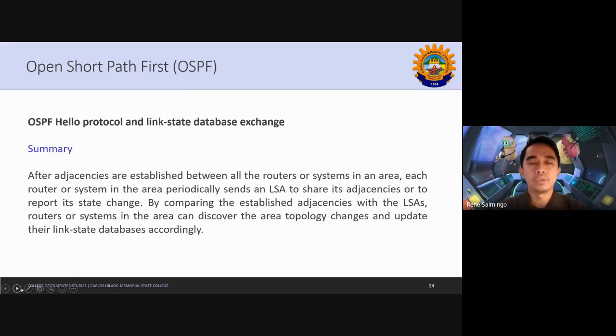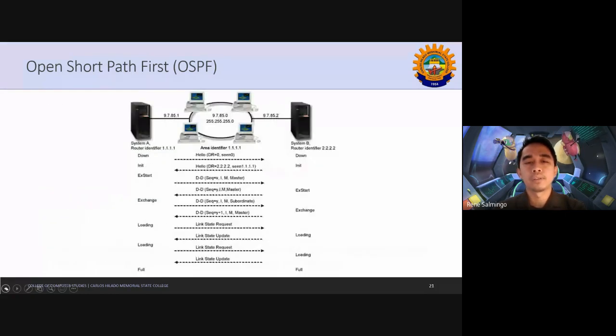And now, this is how the Open Shortest Path First protocol establishes adjacency in routers and systems in the area, so that you're not surprised that when you go to the park and you are new, it takes time for you to be included in the system, because the system will update its database and load your IP address, and you become a subordinate.